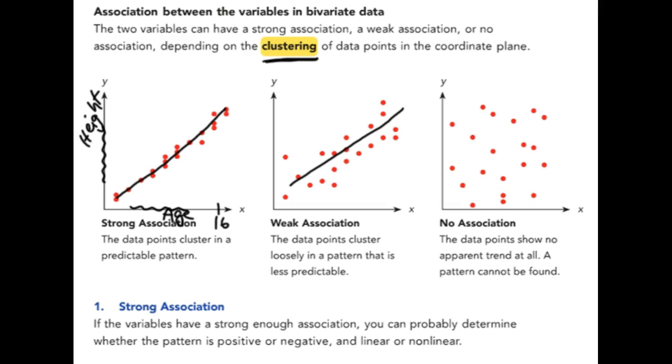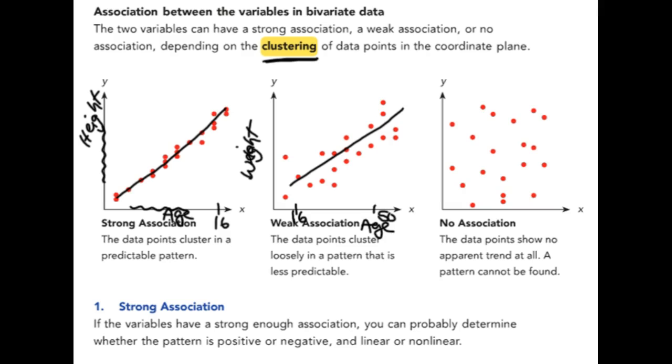A weak association might be something more like weight. It might be stronger than this one, but weight and age. Especially if you started at 16 and went to, let's say, age 50. Because when you're young, obviously the older you get, the heavier you get because you're growing.